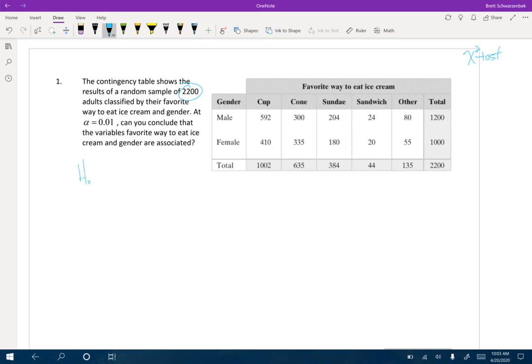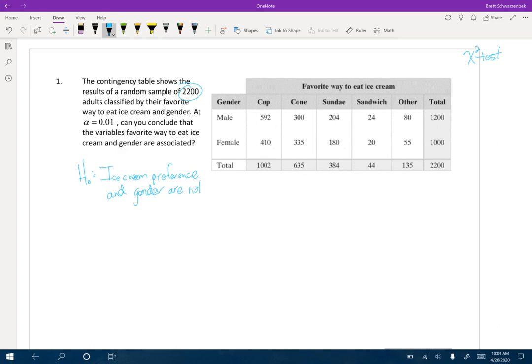So what is the null going to state? That the two variables are not associated. So we would write that out. We would say ice cream preference and gender are not associated.